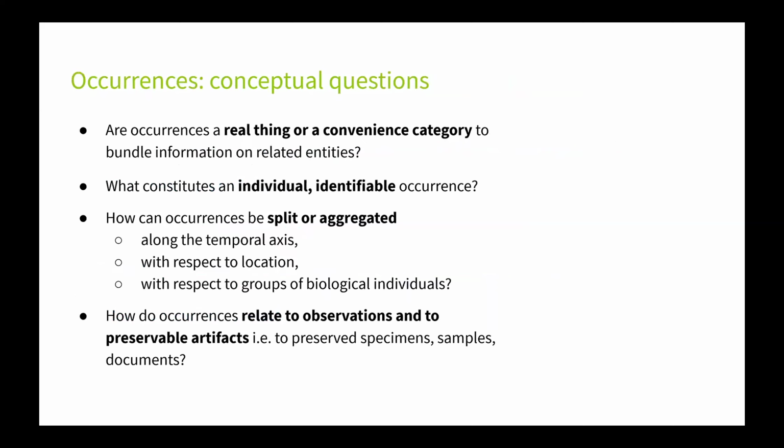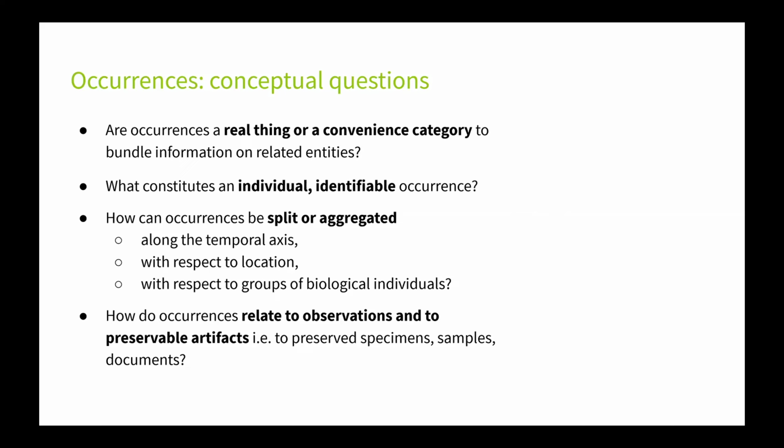Many of the discussions touch upon conceptual questions regarding the nature and properties of occurrences. Among those are questions regarding the ontological status of occurrences, which have been characterized as artificial or intangible, and how occurrence instances can be delineated, given the common practice to aggregate data on occurrences for groups of individuals and along spatial and temporal units.